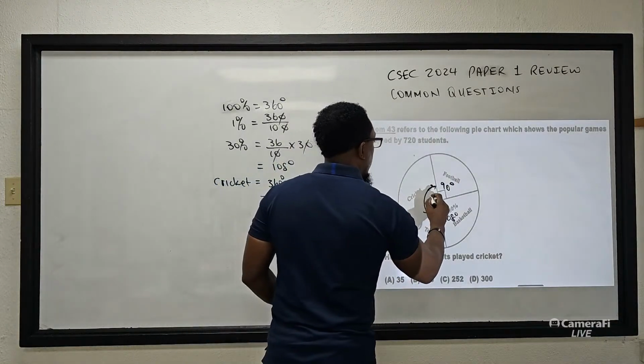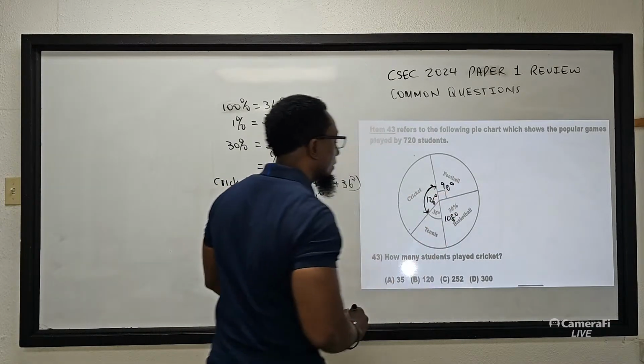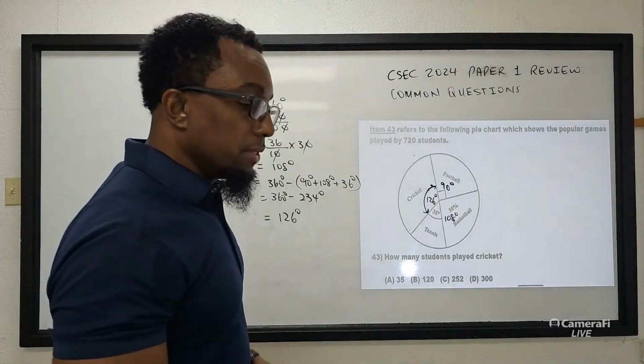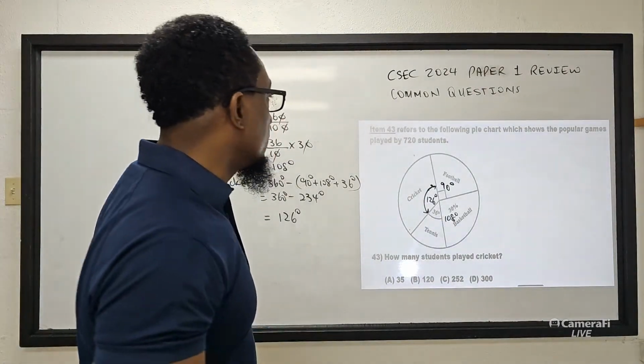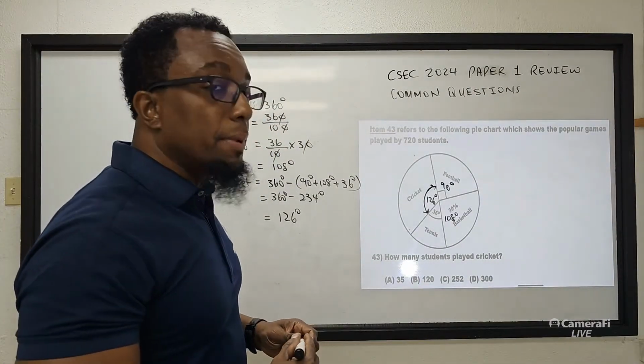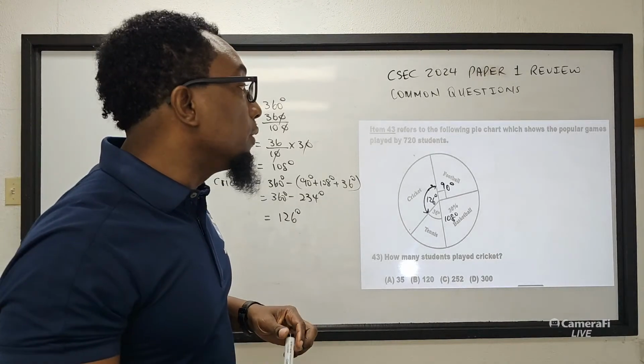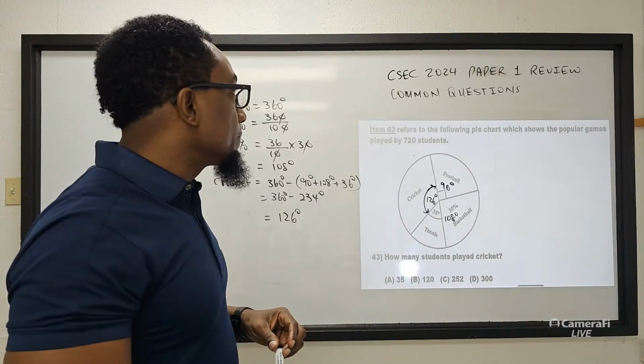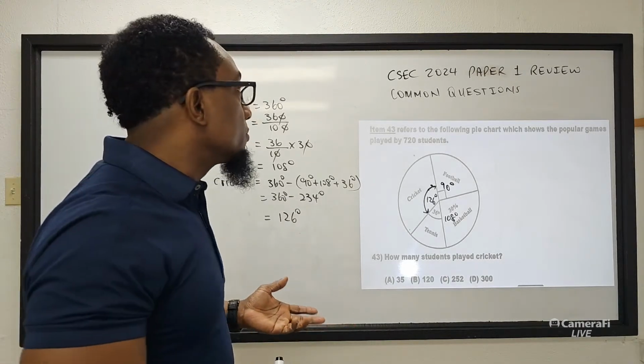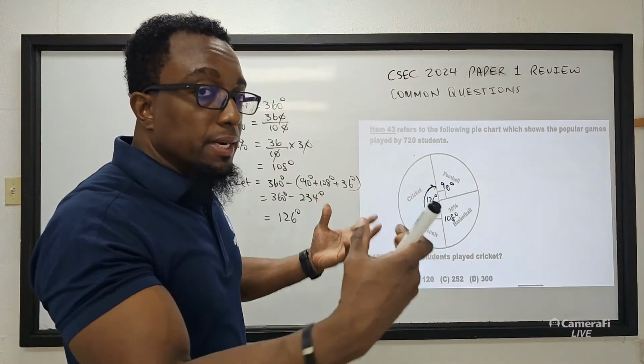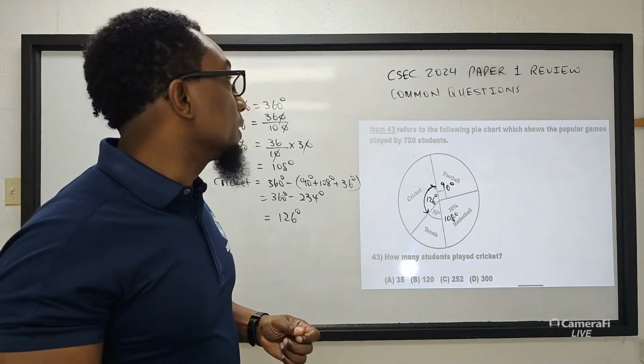So cricket will be 126 degrees, right? Now that I know cricket is 126 degrees, let me determine how many students that is equal to. And how are we going to determine that? Simply use our proportional relationship.